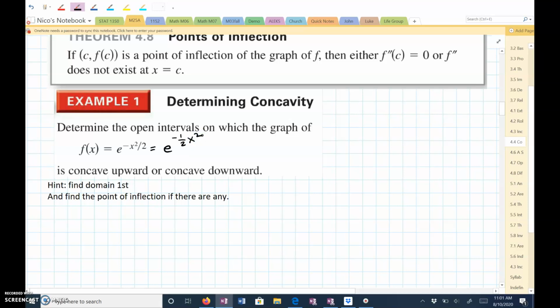So first of all, we need to figure out the domain. It gives you a hint here. It probably will not give you this hint on a test, but the domain of this function would be all reals. Whatever you plug in here would give us a real solution.